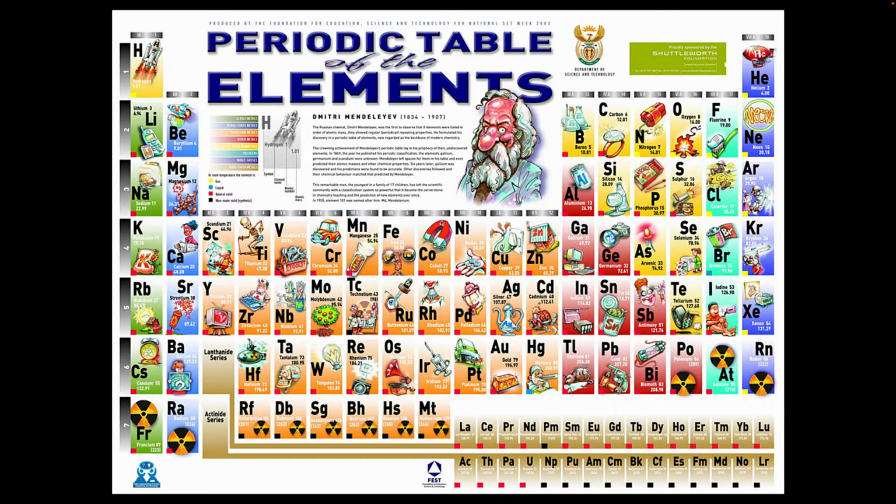The elements are arranged this way. Perhaps you remember it from school, perhaps you've forgotten all of this stuff, but the elements are arranged in this way because they get heavier from top left to bottom right, and any elements in a given column will have similar characteristics. So for instance, on the right hand side, helium and neon and argon and krypton and xenon are all gases, and they all have very similar properties in this column.